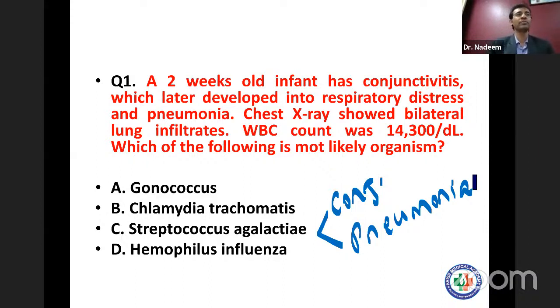Answer me, please. Options are gonococcus, second is chlamydia trachomatis, third is streptococcus agalactiae, and Haemophilus influenzae. So overall, when I see all these 4 options, I see only chlamydia trachomatis, which can cause conjunctivitis as well as pneumonia.